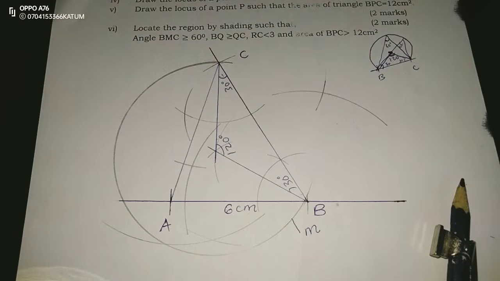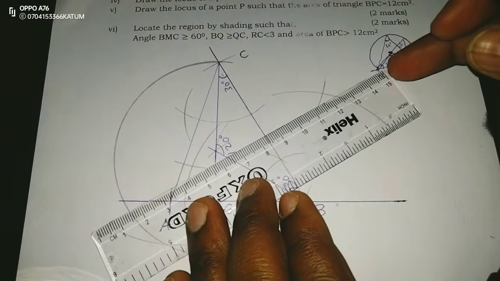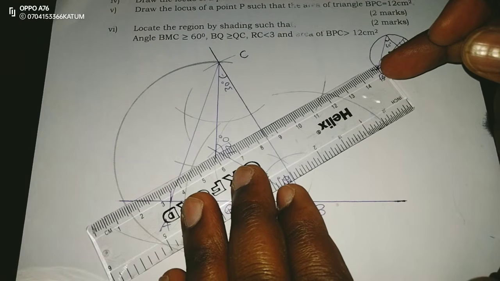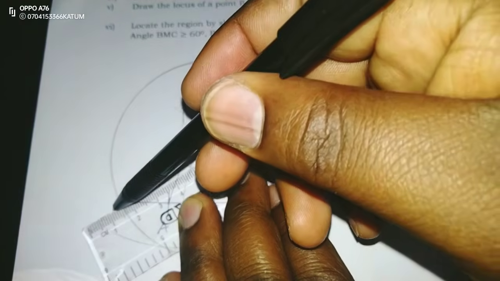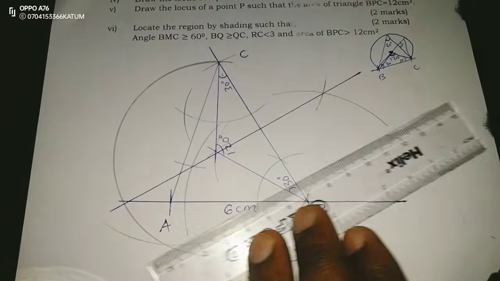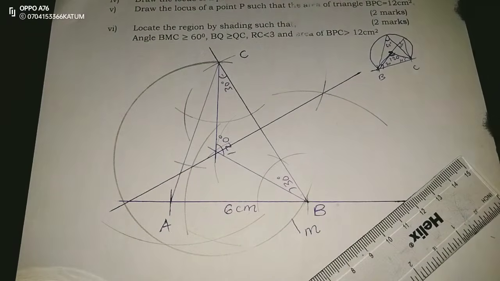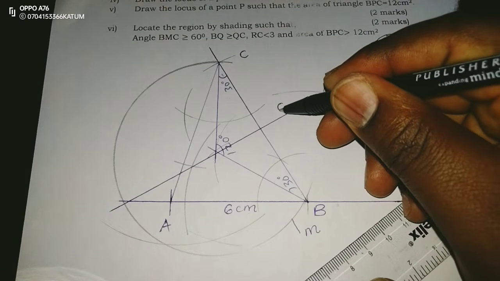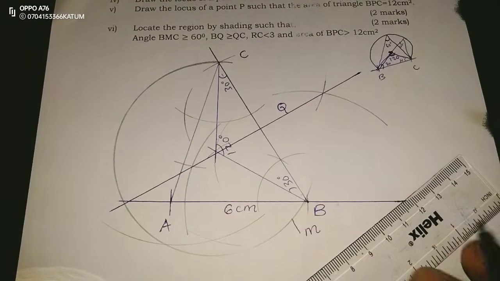Therefore, now I can produce my bisector. So this is the bisector of BC, and it is the locus named Q.